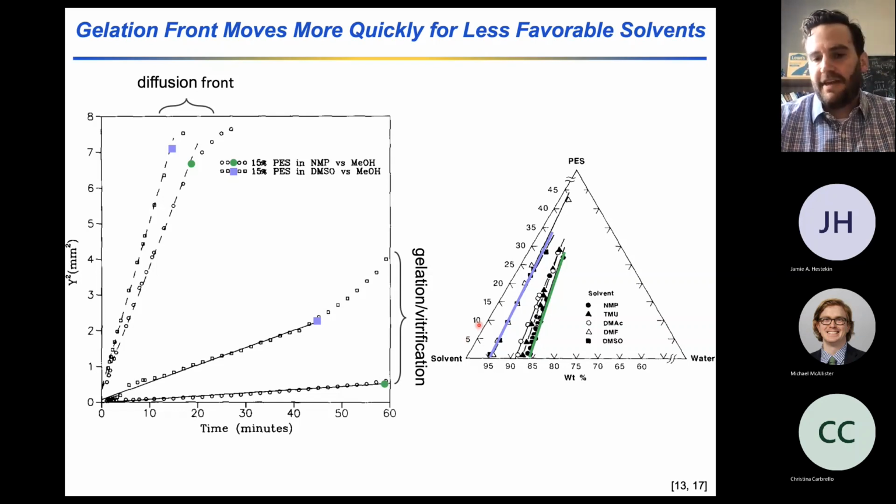On these ternary phase diagrams, the distance between two points is a proxy for the chemical potential or the driving force. Here you see that you're very close to the phase boundary for DMSO, and so you have these more rapid growth processes occurring.